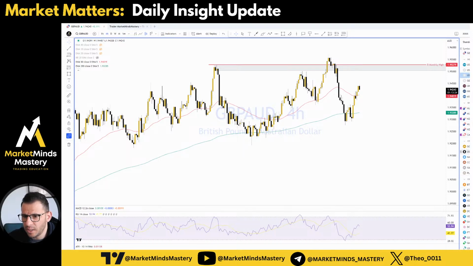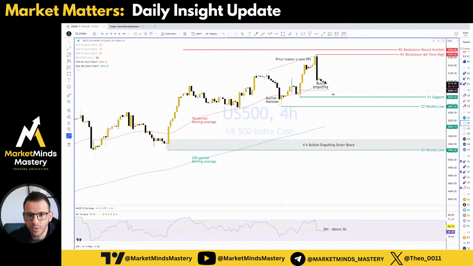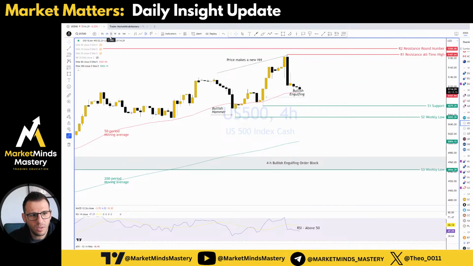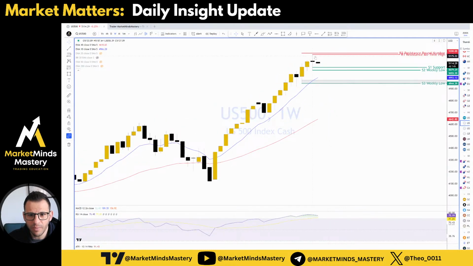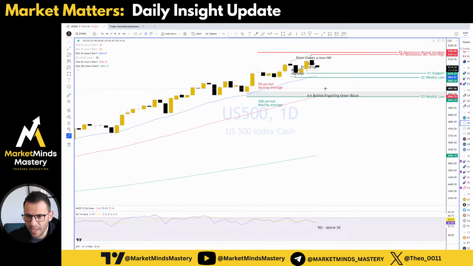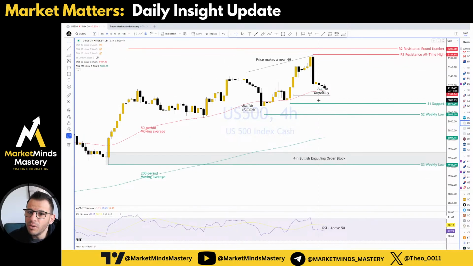So next, a couple of markets for today: US 500, or S&P 500. On the weekly time frame, the price ended up as a doji candle, and on the daily and 4-hour charts, we will be looking for some bearish opportunities.